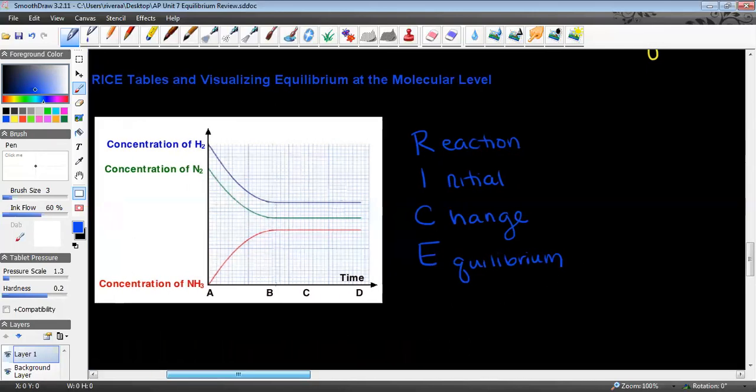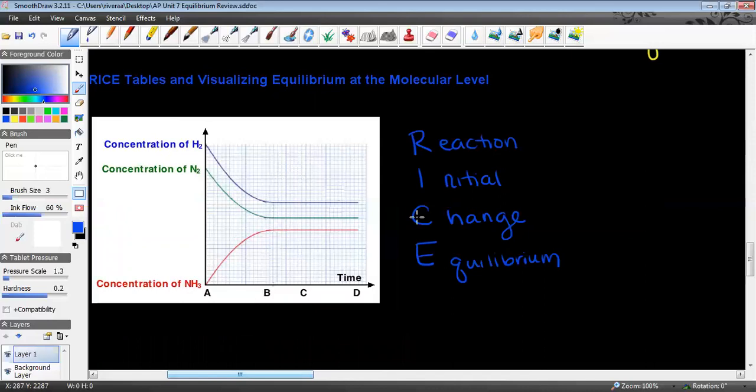So if I was doing a RICE table for this ammonia reaction that we've been talking about, we would have 3H2 plus N2 making NH3. This is my reaction. In this particular problem, it looks like I'm starting off with no NH3.